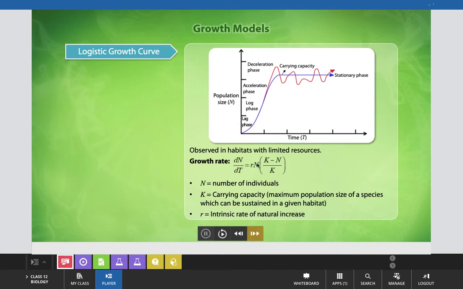Here is the definition of that logistic growth curve: dN/dt = rN (K - N)/K, where N represents number of individuals, K represents the carrying capacity or maximum population size of a species which can be sustained in a given habitat, and r is the intrinsic rate of natural increase. This is the equation for logistic growth curve.